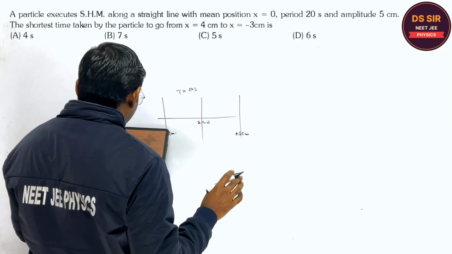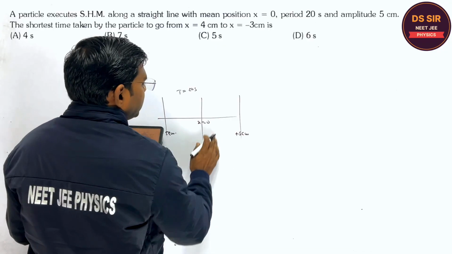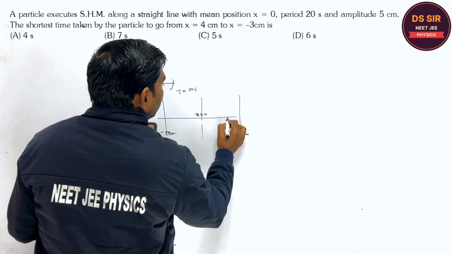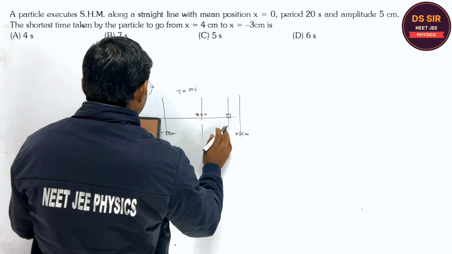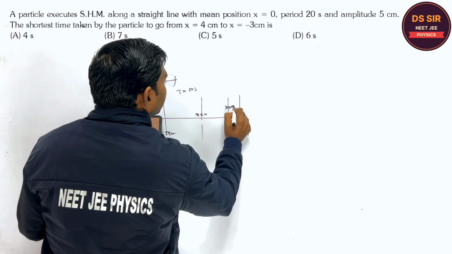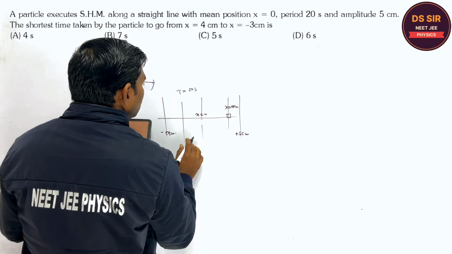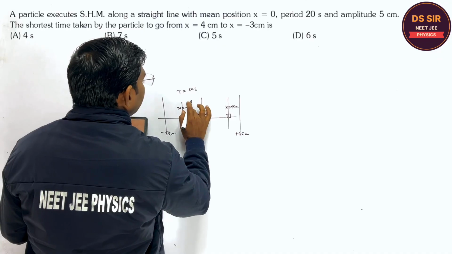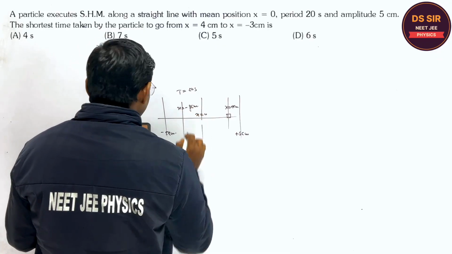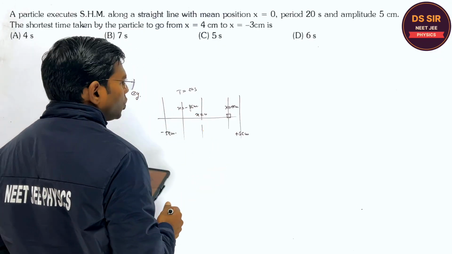You have to find the shortest time if the particle starts from x is equal to 4 centimeter and reaches x is equal to minus 3 centimeter. So they are asking the minimum time, shortest time.